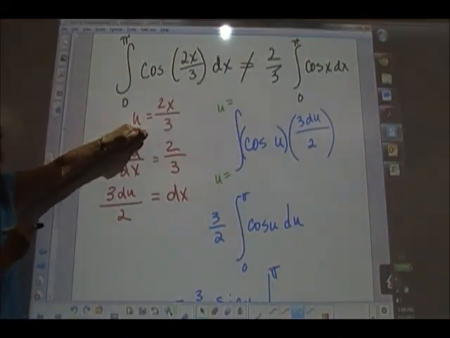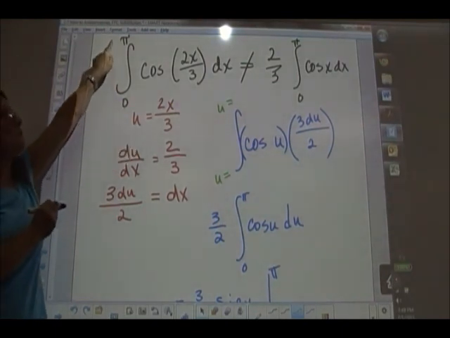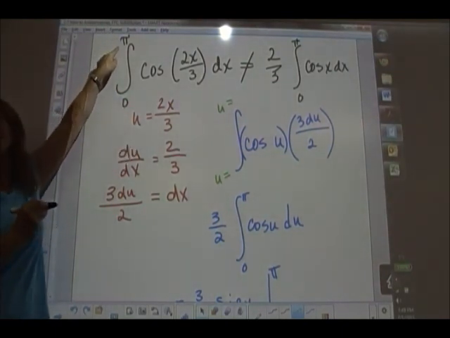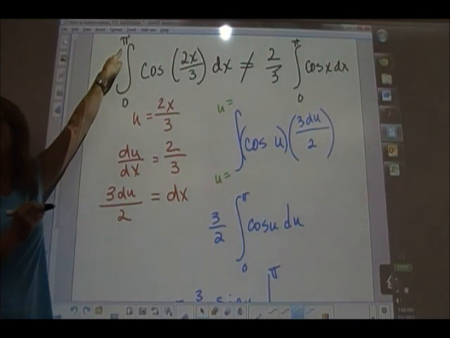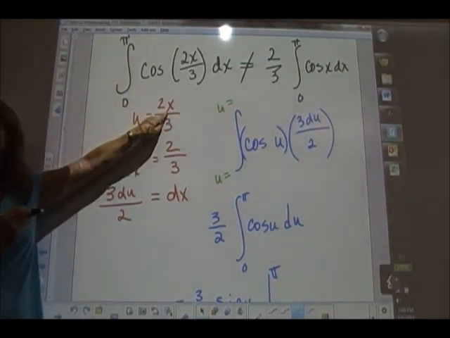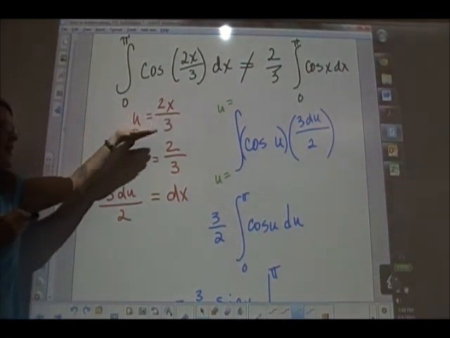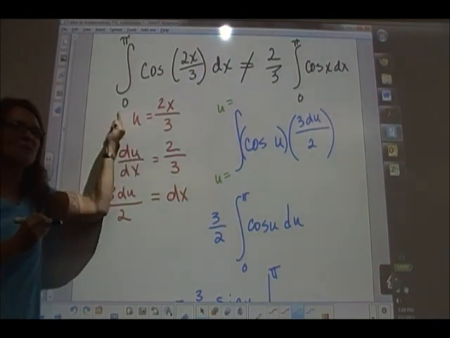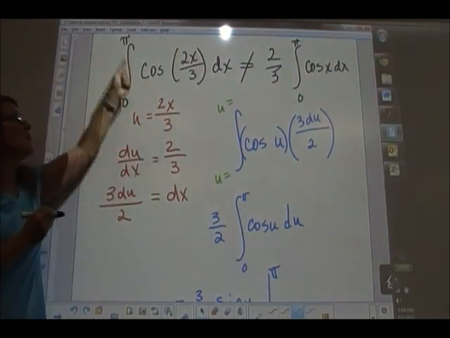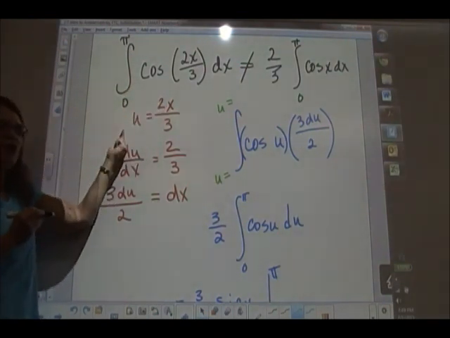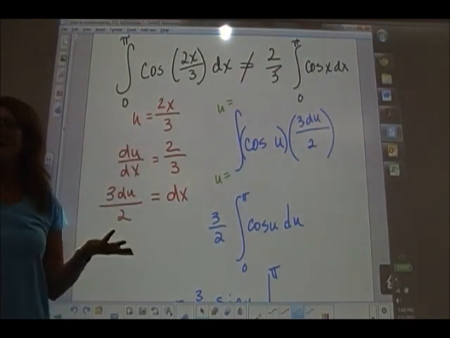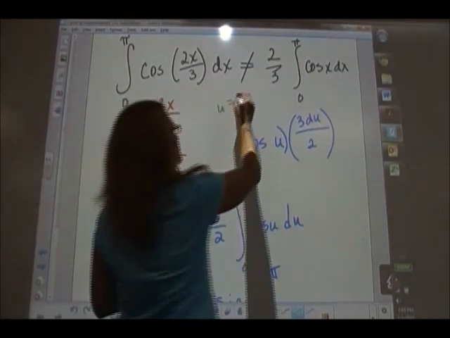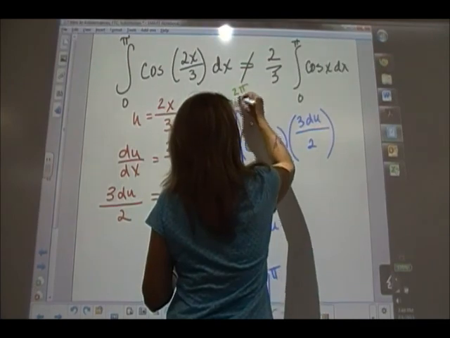So when x is pi, my upper boundary is where x is pi. Just plug it in. Absolutely. You're telling the relationship right here between u and x. So when x is pi, u is 2 pi over 3. We do get to keep the 0, right?